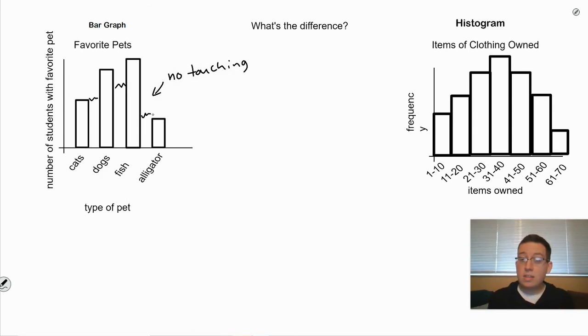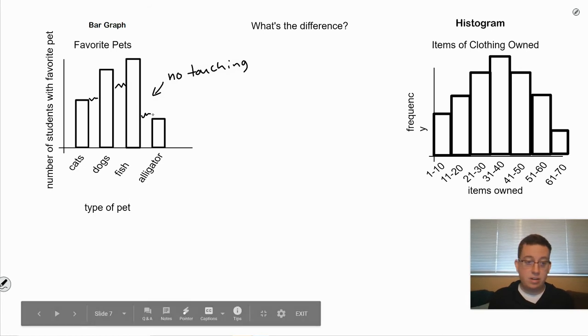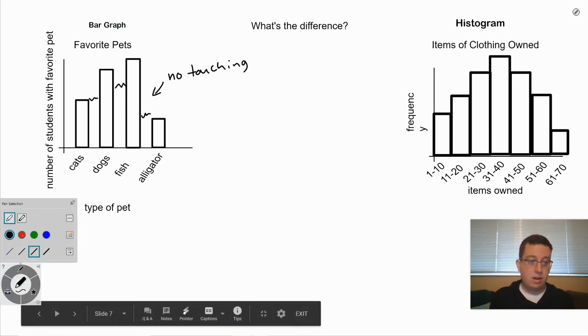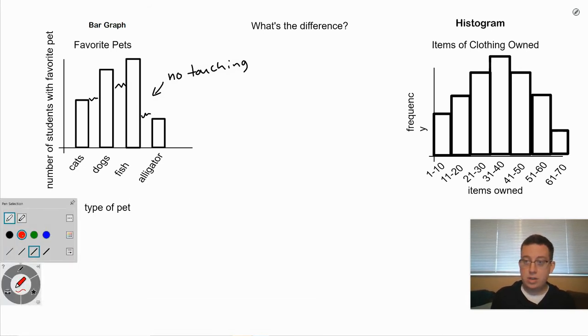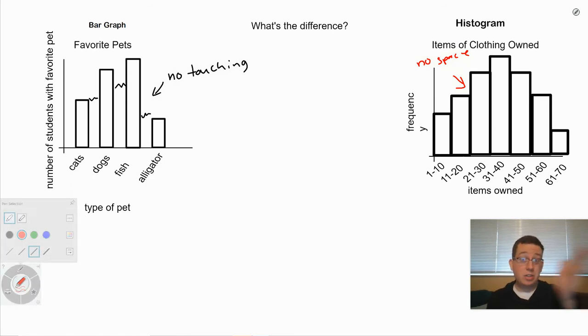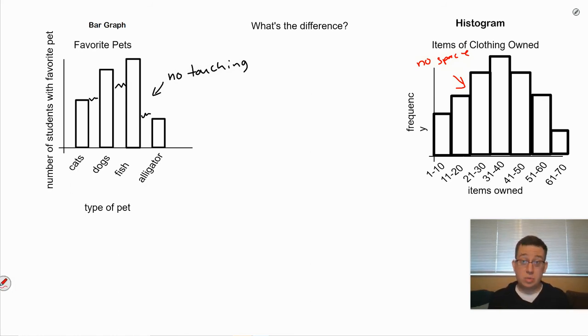Anyways, then we have a histogram. The histogram did not get the memo. They are not social distancing. Shame on them. There is no space. They are touching. Now, the reason they're touching is because we're covering a spectrum of different possible answers. And that leads to difference number two.